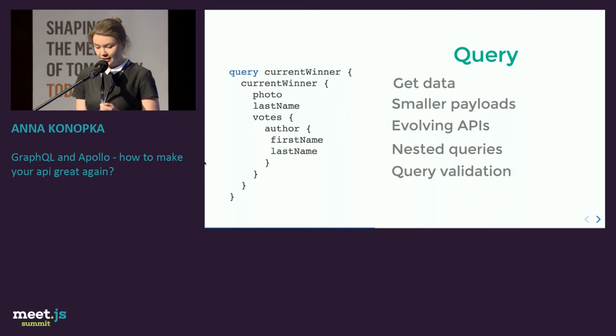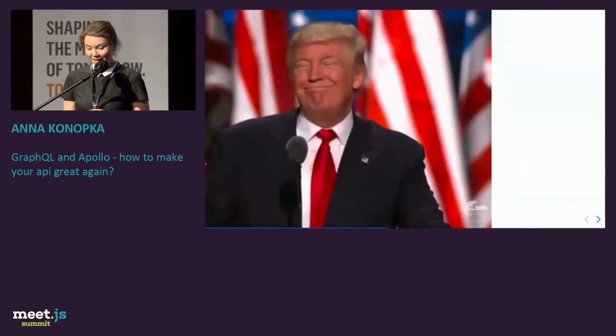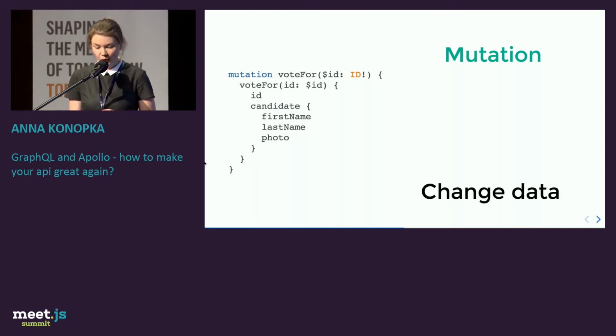Okay, so those were queries, but we are not done rock and rolling with GraphQL. We also have a way to mutate data, of course, and if we would like to vote for somebody, we can do that using a mutation.